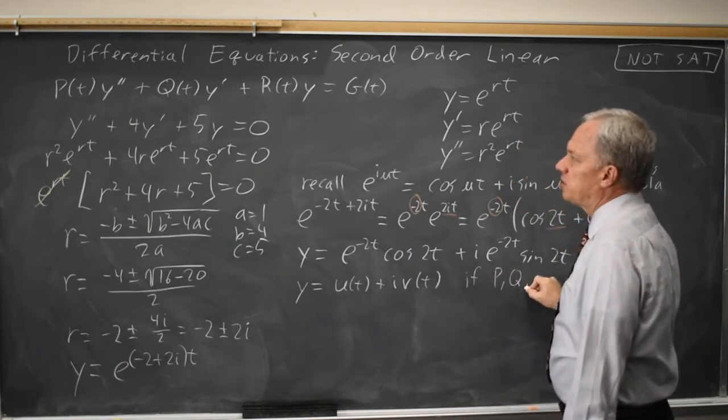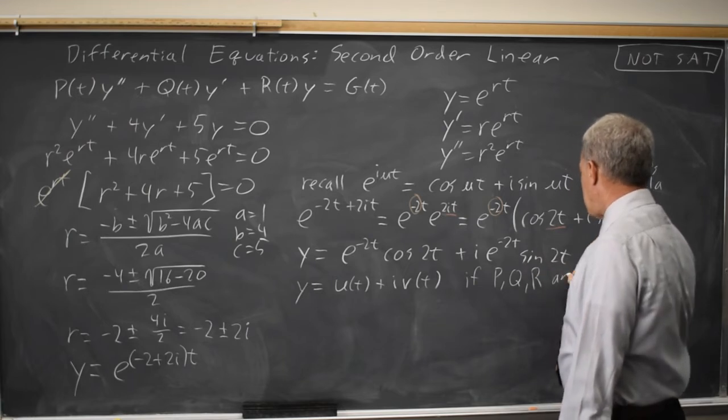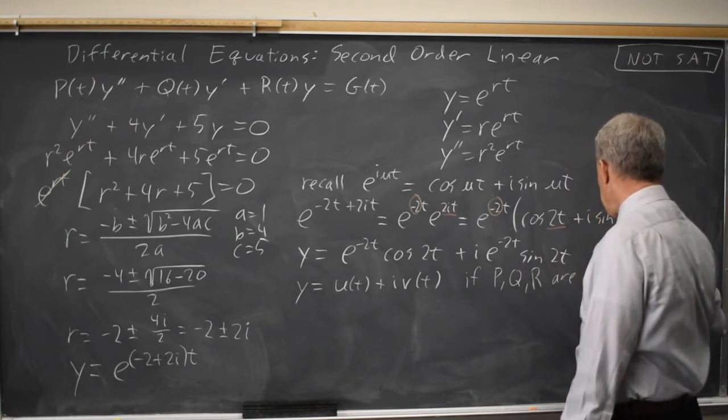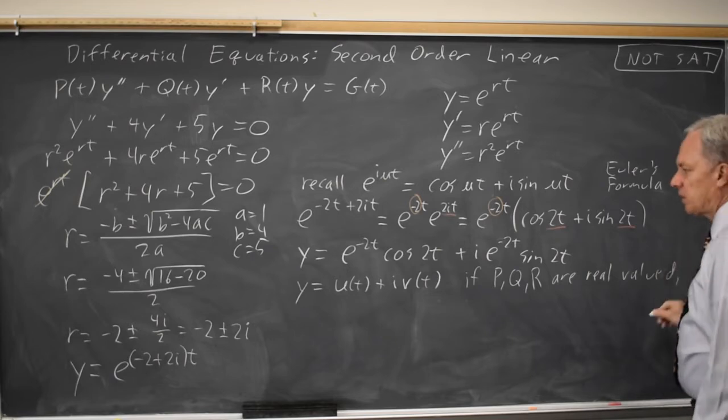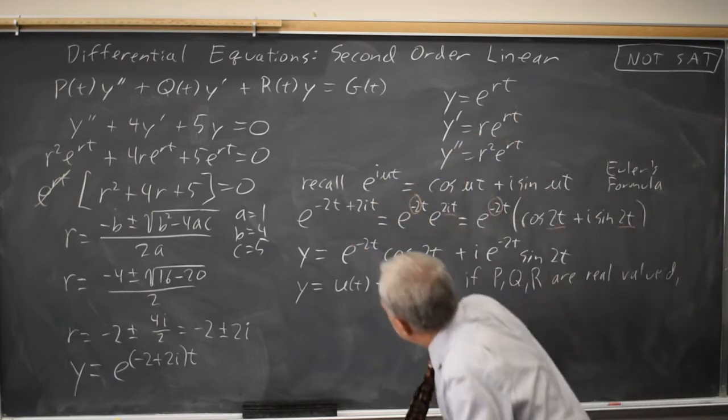So if p of t, q of t, and r of t are real valued, then u of t and v of t are solutions.